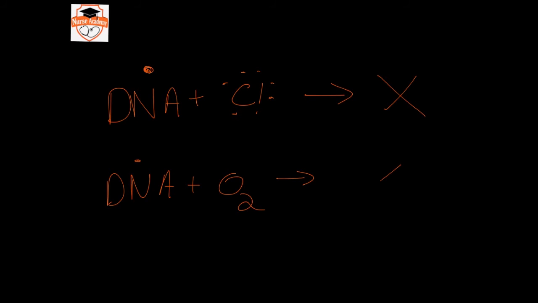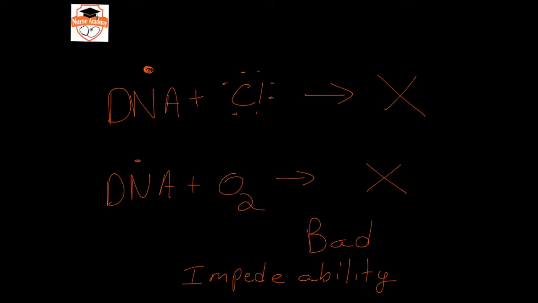And all of these things are bad because they impede DNA's ability to function. And that can cause things like cancer and radiation poisoning. It just depends on how much dosage of radiation you get as to how many of these molecules form, and it doesn't just happen to DNA, it can happen to proteins, it can happen to a lot of other really important biological molecules in the body.